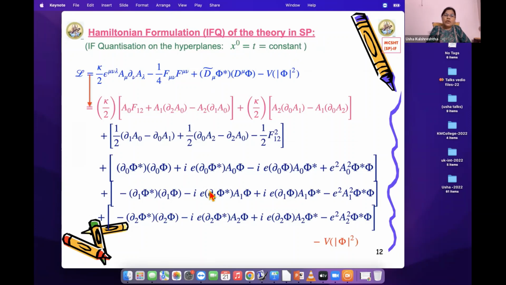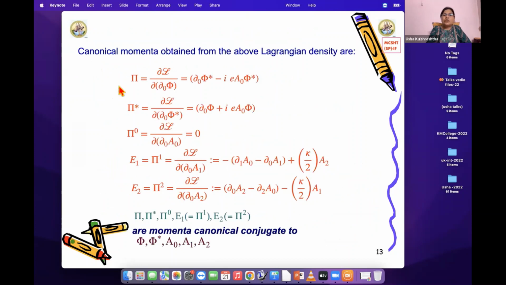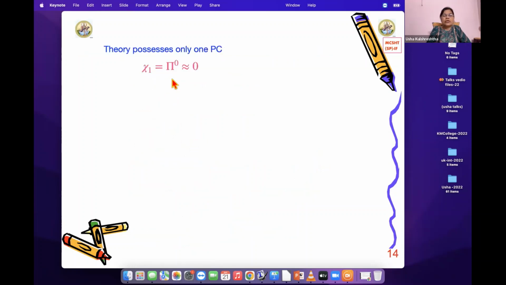So for this, first of all, I express this Lagrangian in the component form, and then I look for the momenta of this theory. So here pi star, pi 0, E1 and E2 are the momenta canonically conjugate to phi star, A0, A1 and A2 respectively. And we can see here that this momentum is inexpressible. So corresponding to this, there exists one primary constraint in the theory.